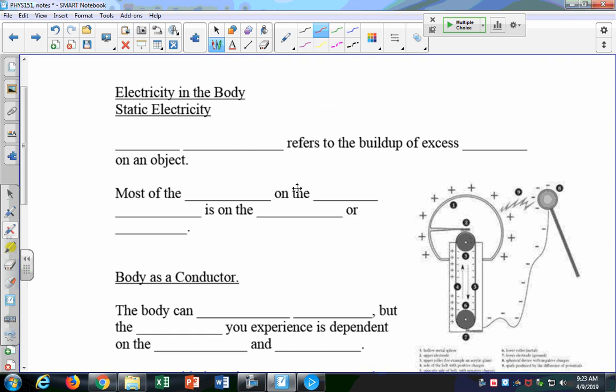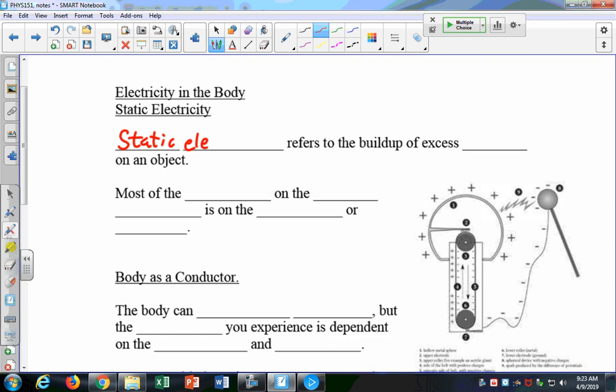Electricity in the body. We've seen static electricity. I brought the Van de Graaff generator, right? Static electricity refers to the buildup of excess charge on an object. It was that day that it worked really well, right?